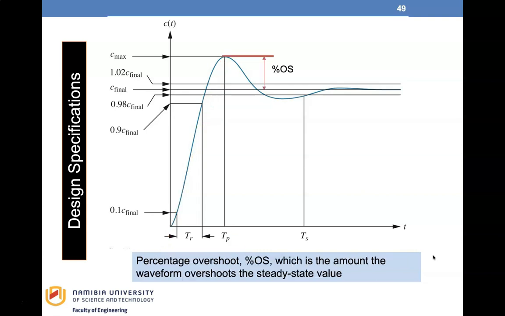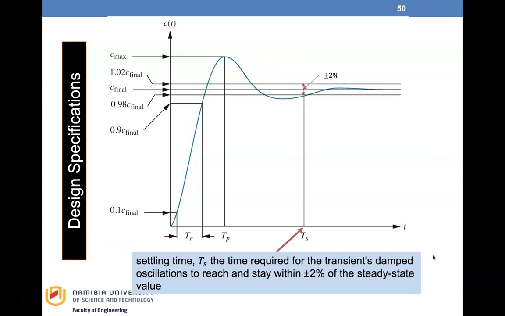And then we have percentage overshoot, which is the amount the waveform overshoots the steady state value. And then settling time, the time required for the transient's damped oscillation to reach and stay within plus or minus 2% of the steady state value. All these specifications will be evaluated as functions of the natural frequency omega subscript n and damping ratio zeta.